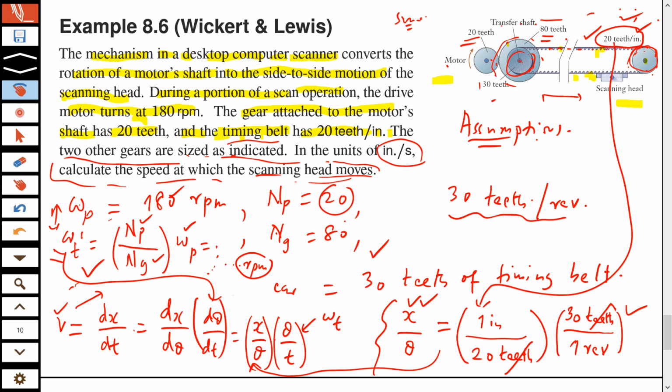So that's why we are labeling it as omega t and not omega g, because we know that same angular velocity will be the reason for this timing belt, and we multiply that with something we derived from this 20 teeth per inch, because 20 teeth per inch tells me how to convert the number of teeth to inches. So x over theta tells me how to convert rotations to distances, and then I combine these two.